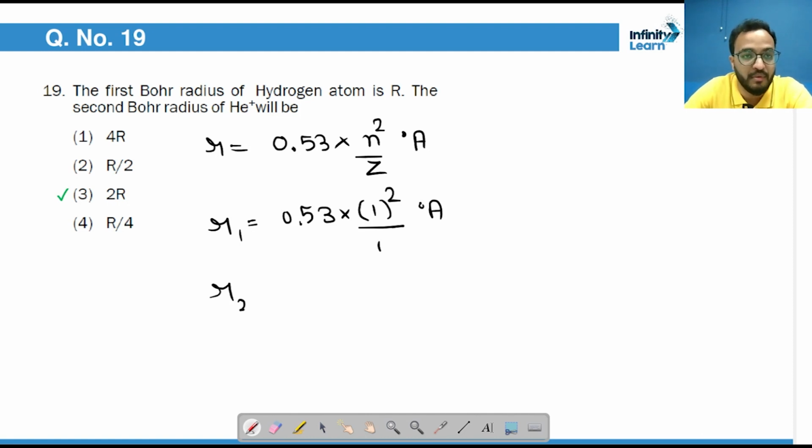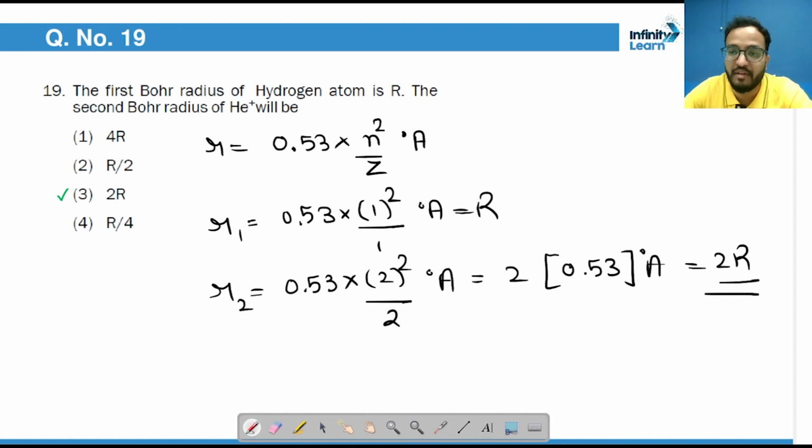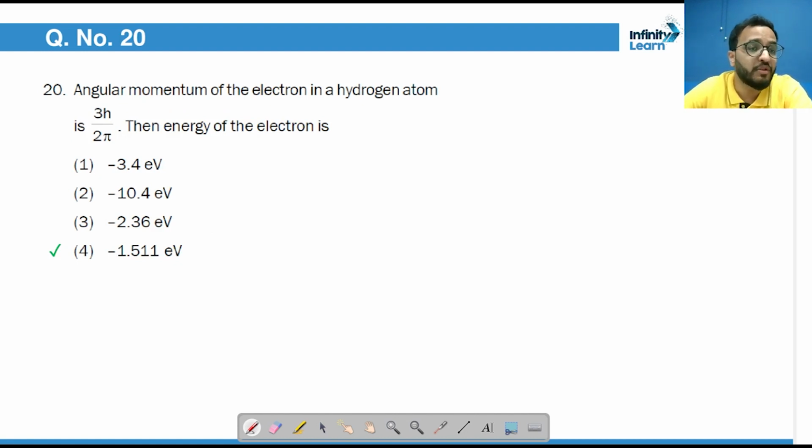And if I talk about helium, it will be 0.53 into, we are talking about the second orbit, 2 square, upon Z is 2 angstroms. That means 2 times 0.53 angstrom. That means if this is equal to capital R, it will be equal to 2R. Get it? So third option is correct. Now coming to question number 20.